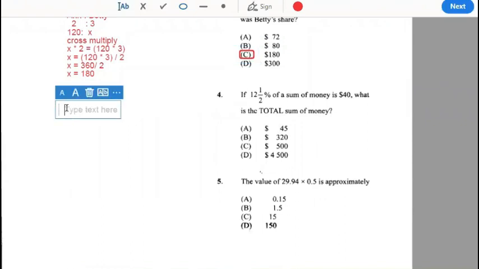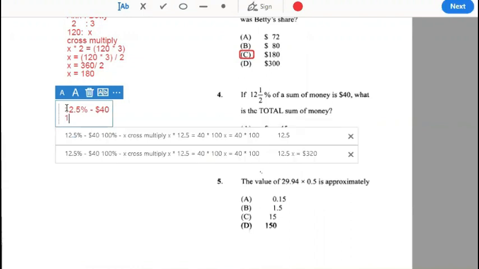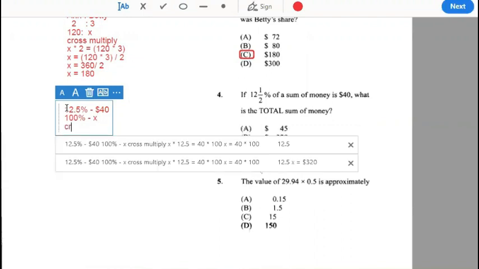Question 4. If 12.5% of a sum of money is $40, what is the total sum of money? So we're trying to find 12.5%, and that is equal to $40. So what is the total sum? Total sum would be referring to 100%, which should be the benchmark. So what is this 100% equal to? x, and we're going to solve for x by cross multiplying.